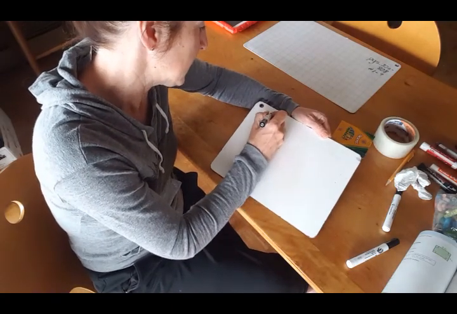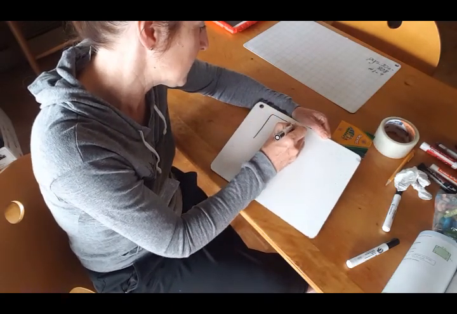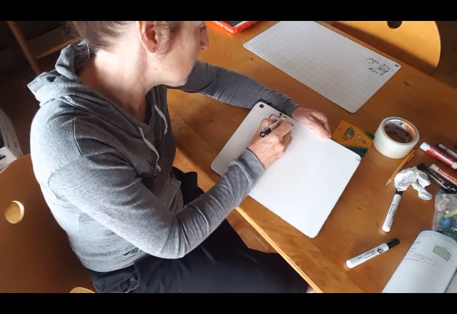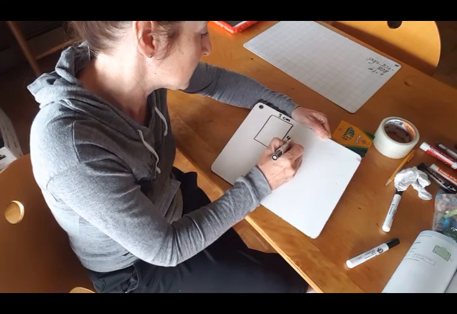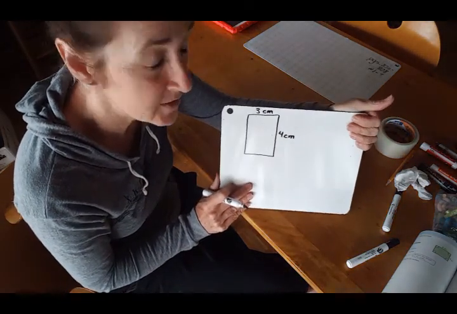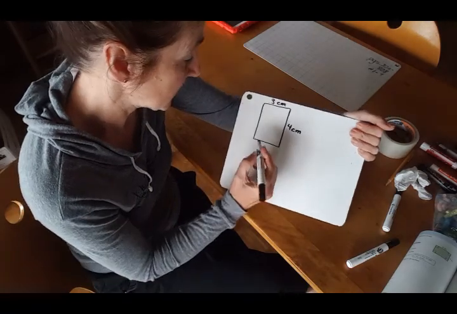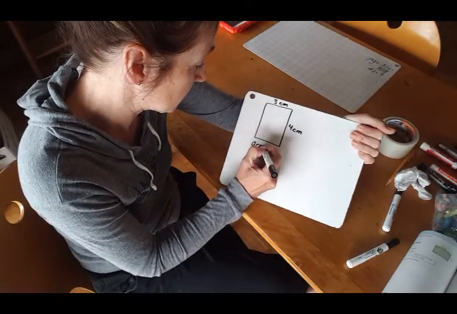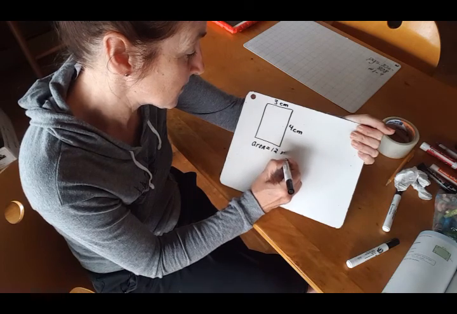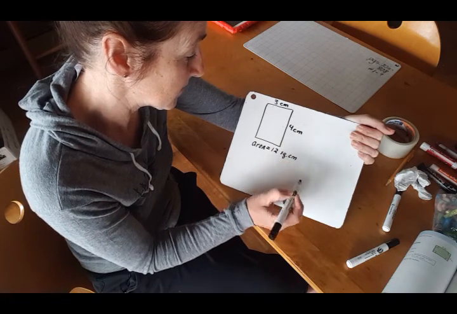So let's say, I'm just going to make one up here. Let's say we have a rectangle that is 3 centimeters by 4 centimeters. We know that the area equals 3 times 4, so the area is 12 square centimeters. Right?